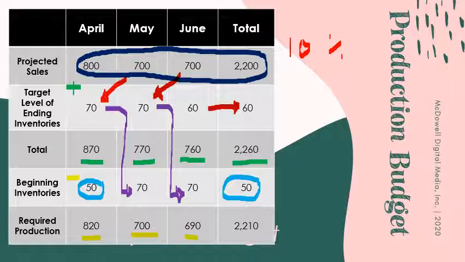Then, same pa din. 260 minus 50, we have here 210. So, now, kung titignan natin, kapag in-add mo itong tatlo, it will be equal to here. Okay? So, that's how you do a production budget.